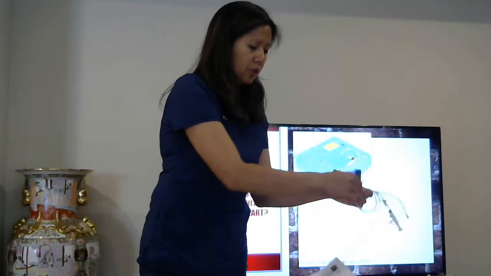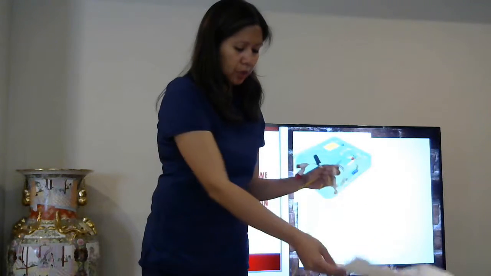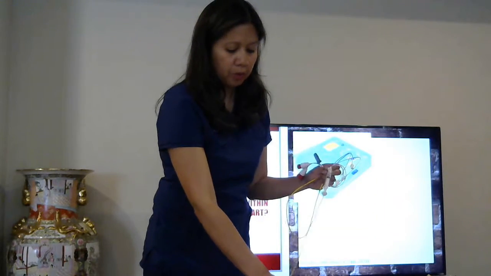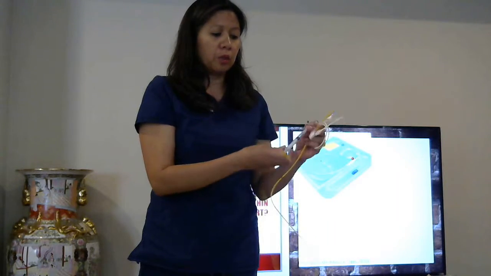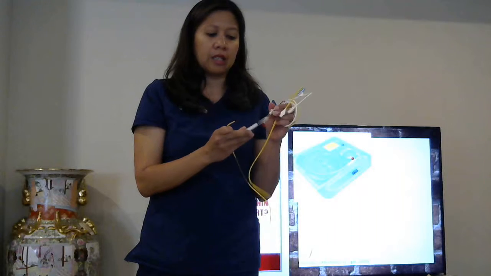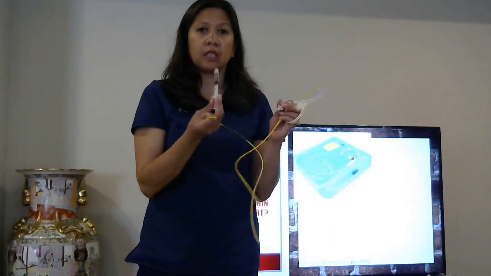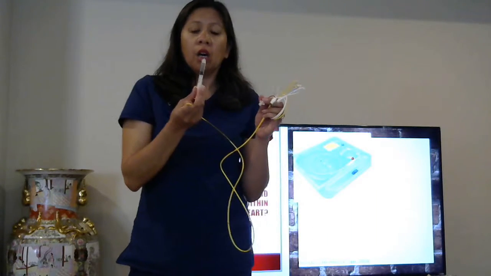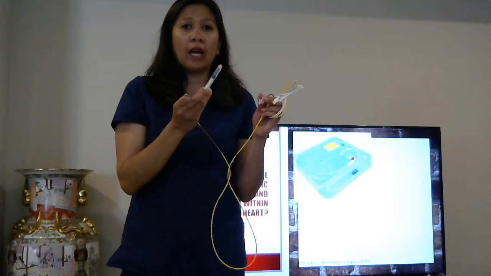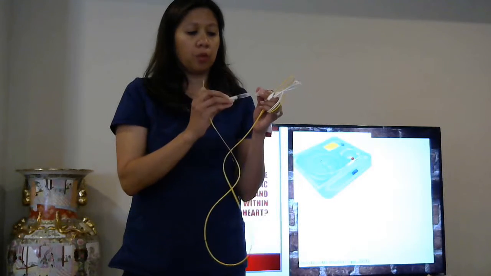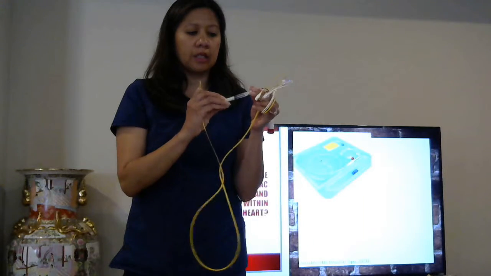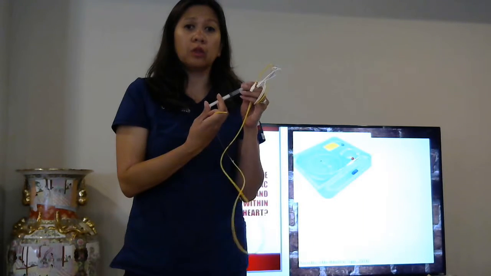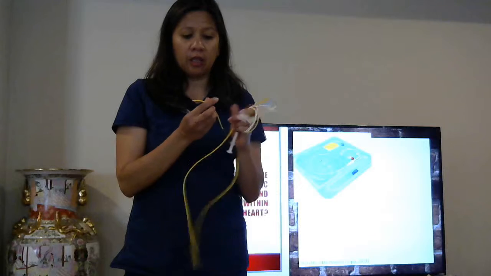The first thing that you do when you open it is test the balloon, because there's going to be a balloon there that you need to float through. The syringe is already inside the box, and it only goes 1.5 cc's. You can't push it any more than that, or else the balloon will pop. This is the red port here. You connect it, and you blow up your balloon to make sure it's intact, okay?